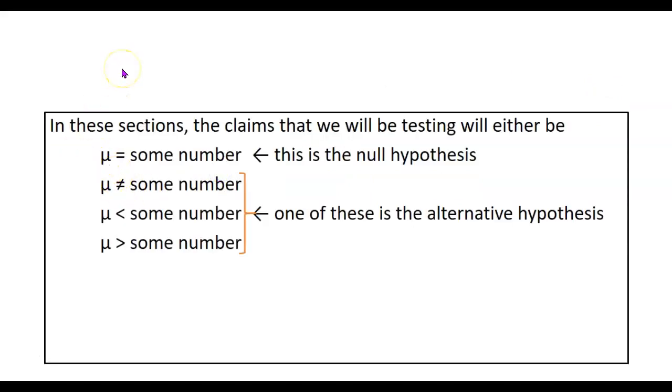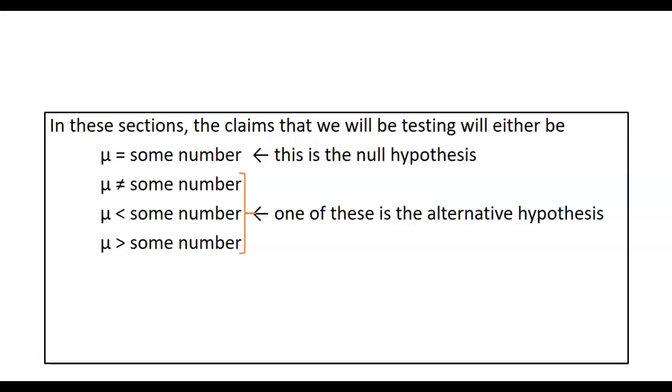So in these next couple of sections, we're going to be testing claims about mu, that is, about the average or mean of some variable for some population.